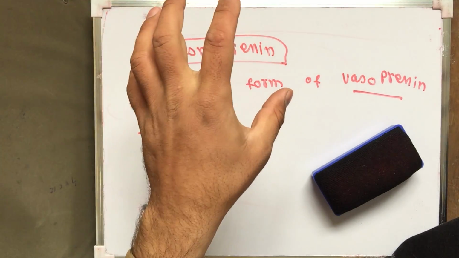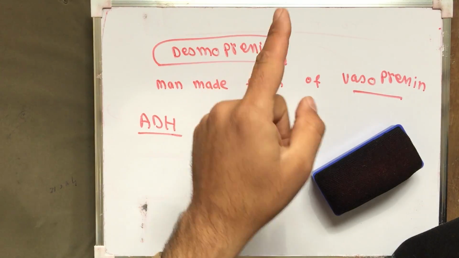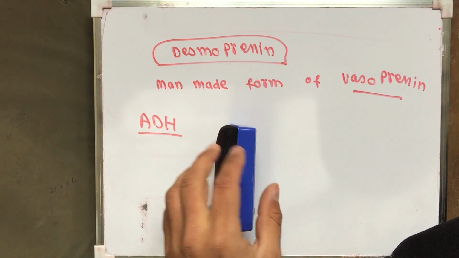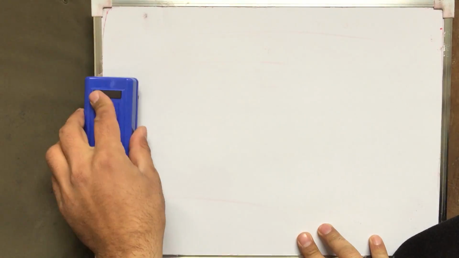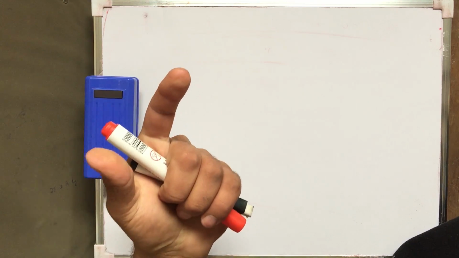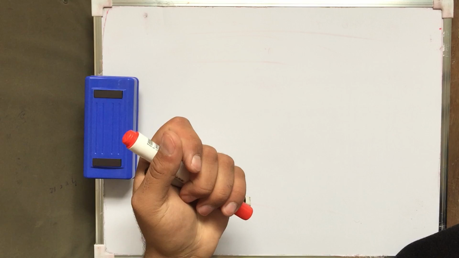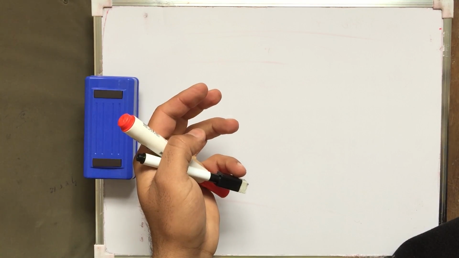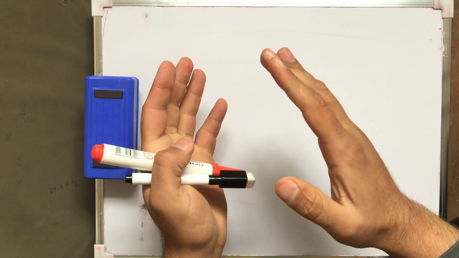By using desmopressin, there is no effect on the body. We will say there is a problem in the reabsorption of water. So this is how to differentiate between a patient of cranial and nephrogenic diabetes insipidus.